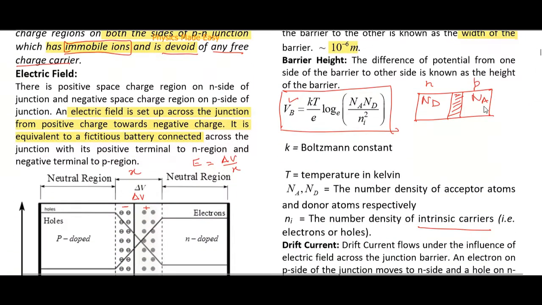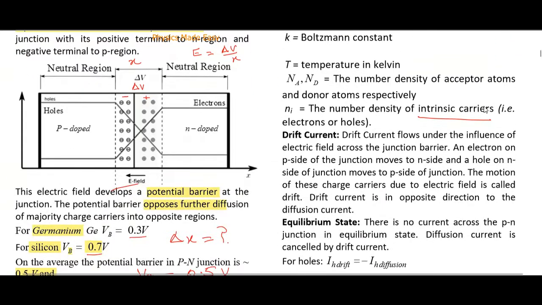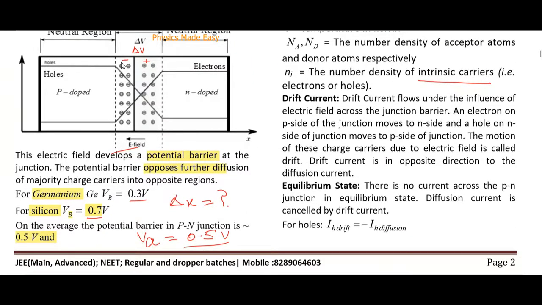The barrier height we have discussed in last lecture, and next the drift current. Now here we have got a potential difference. Under the influence of this potential difference, drift current develops.